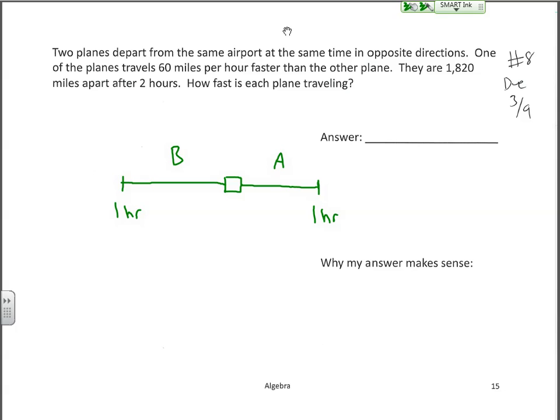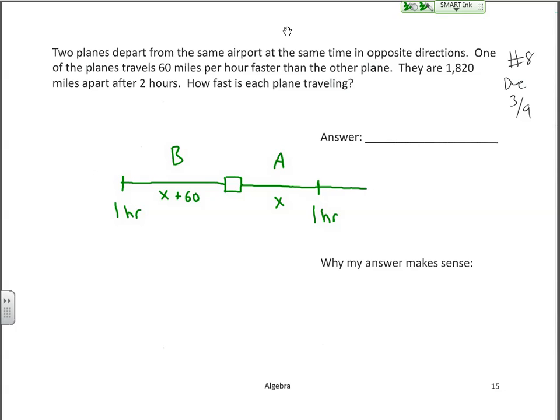Well, if we say that plane A went X distance and plane B is going 60 miles per hour faster, we can assign that same distance plus 60 more to plane B. And the reason why we can mix miles per hour and distance here is that because we are talking in terms of hours and miles per hour, however fast they're going, that's how far they went, because our units are all in hours here. Okay, so X for plane A, plane B goes 60 miles per hour faster, so X plus 60.